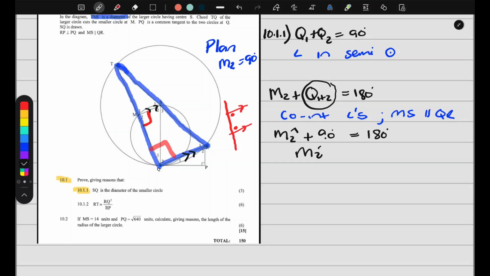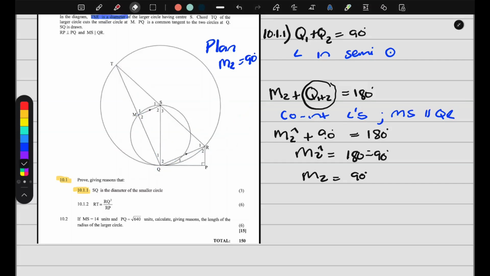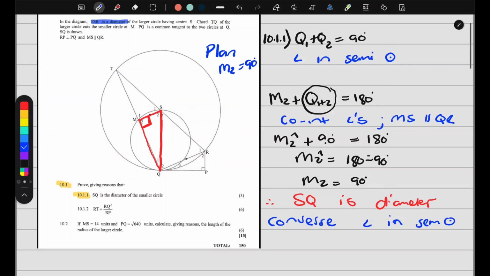So M2 is 180 minus 90, which is 90. And that was our plan, remember? So if M2 is 90, then SQ is a diameter. Converse angle in a semicircle. So therefore, SQ is a diameter. But now we are going to say converse angle in a semicircle.